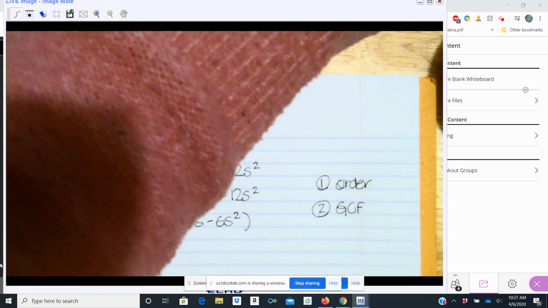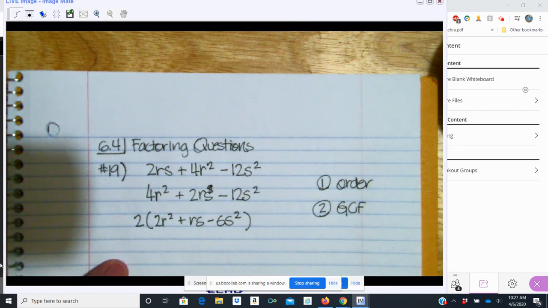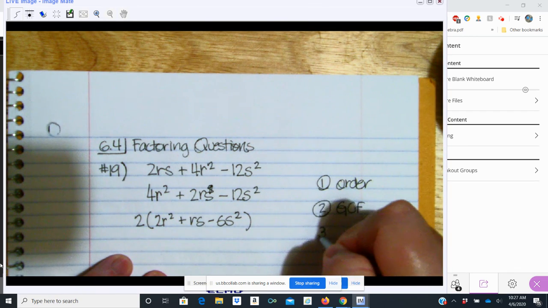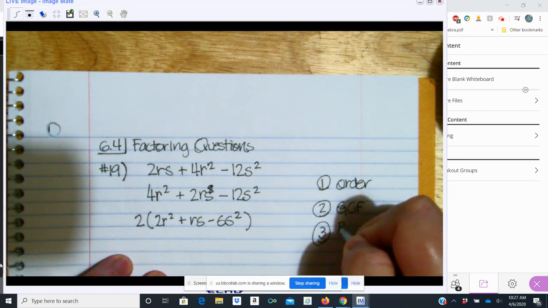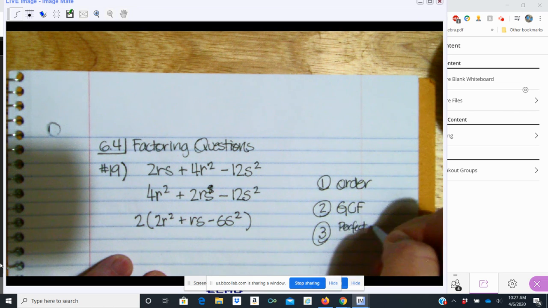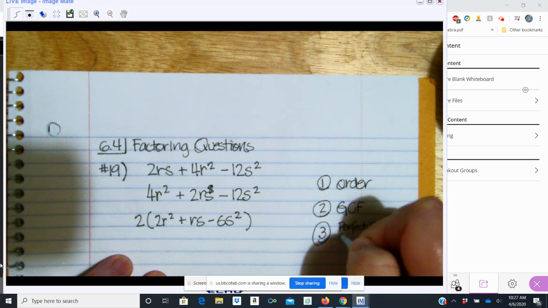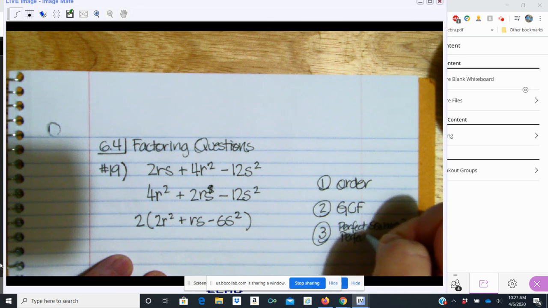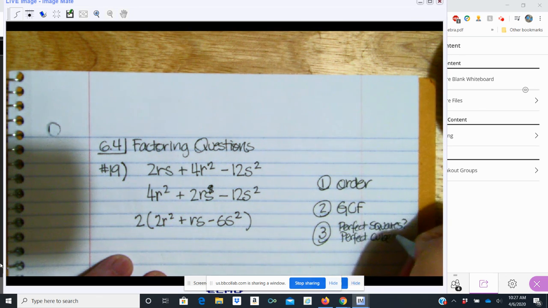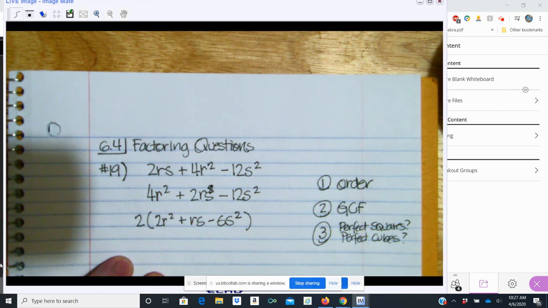All right. Then I look for my special cases. Then I look for things like perfect squares. And today we're going to do perfect cubes, so I'd look for perfect cubes. I don't have any perfect squares here. I don't have any perfect cubes.